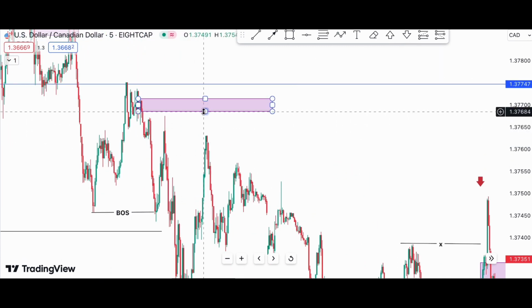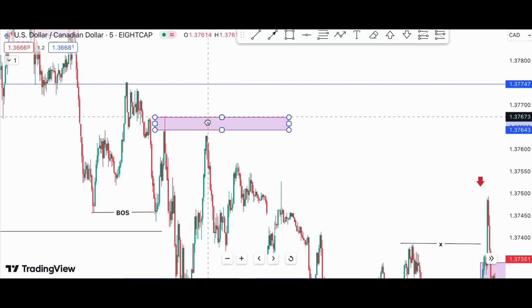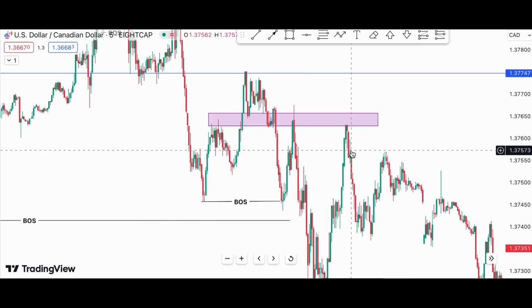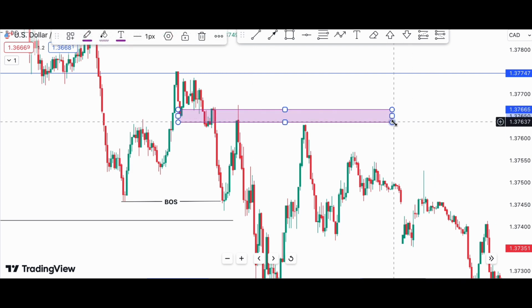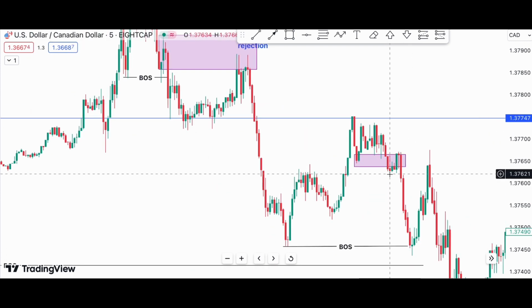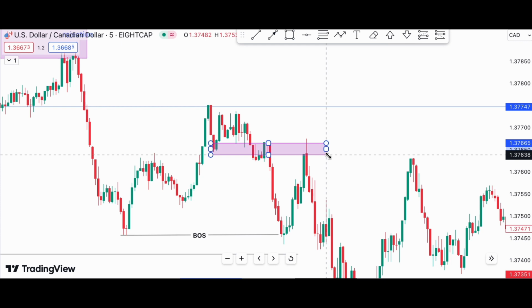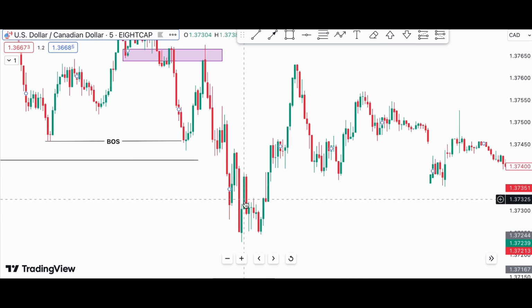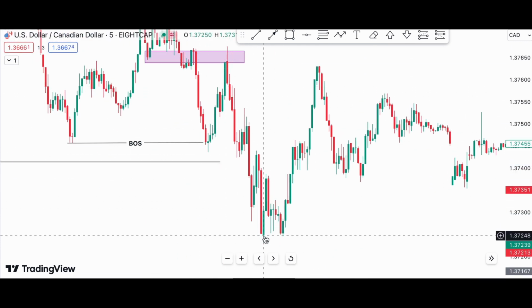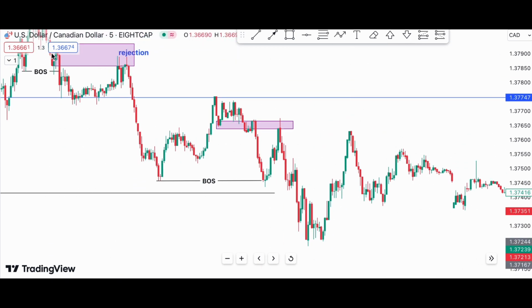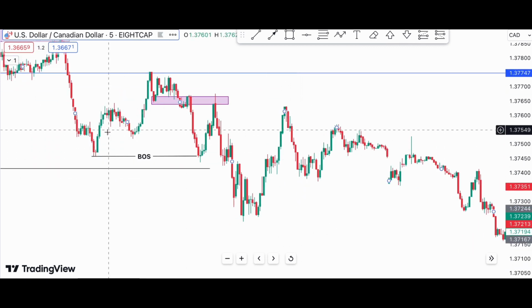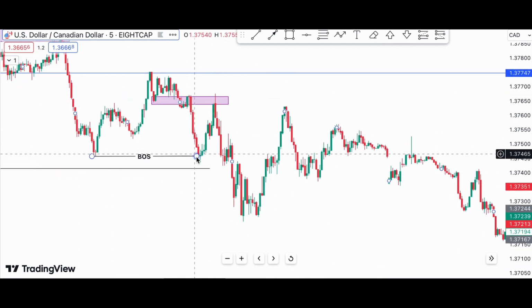That's it. So right here, the price just now rejected from this supply. Alright, this is one of the supplies. Then this supply reacted and pushed the price again to create a lower low. So for the bearish scenario, for the downtrend, we can see the price keeps doing what?